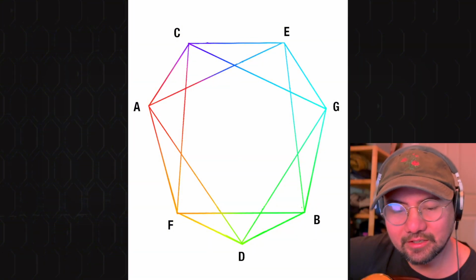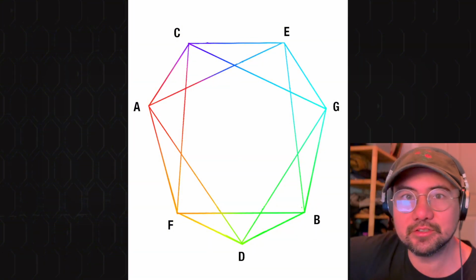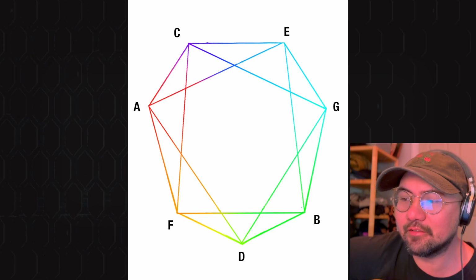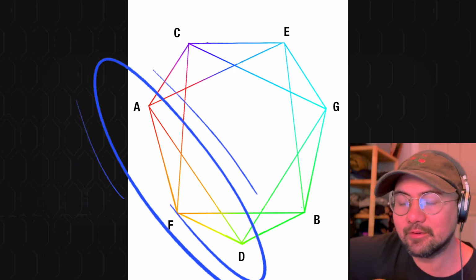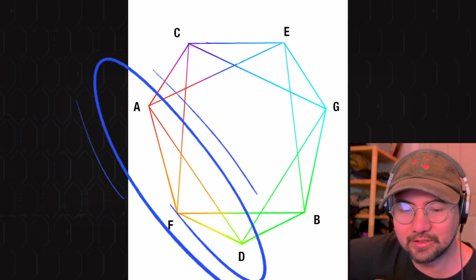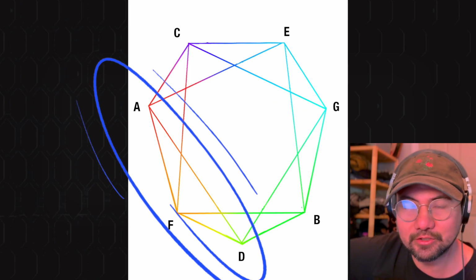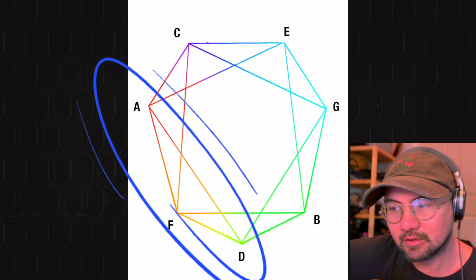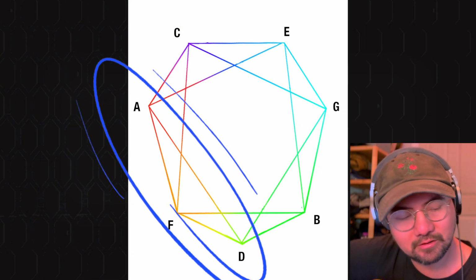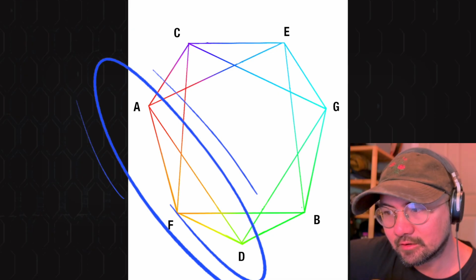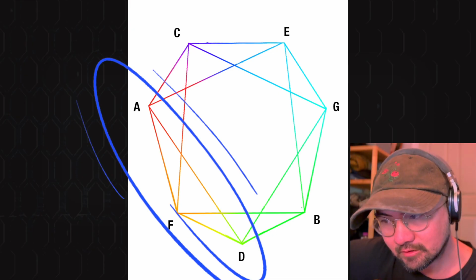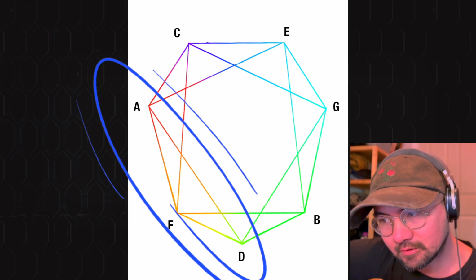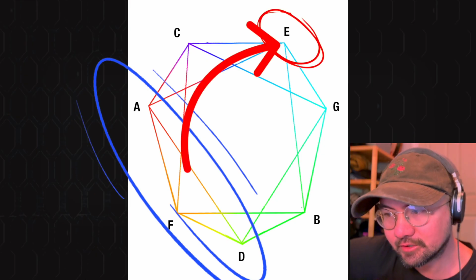One last example. We'll move to this side of the circle and do an A minor, F, D minor progression. And then we want to shift to the opposite end of the circle by going to E minor or G. So let's try that. Shift.